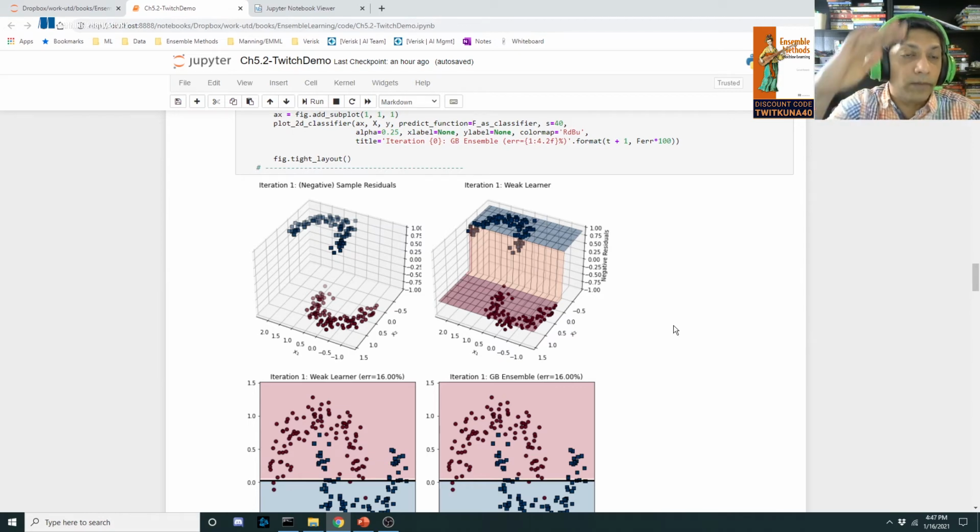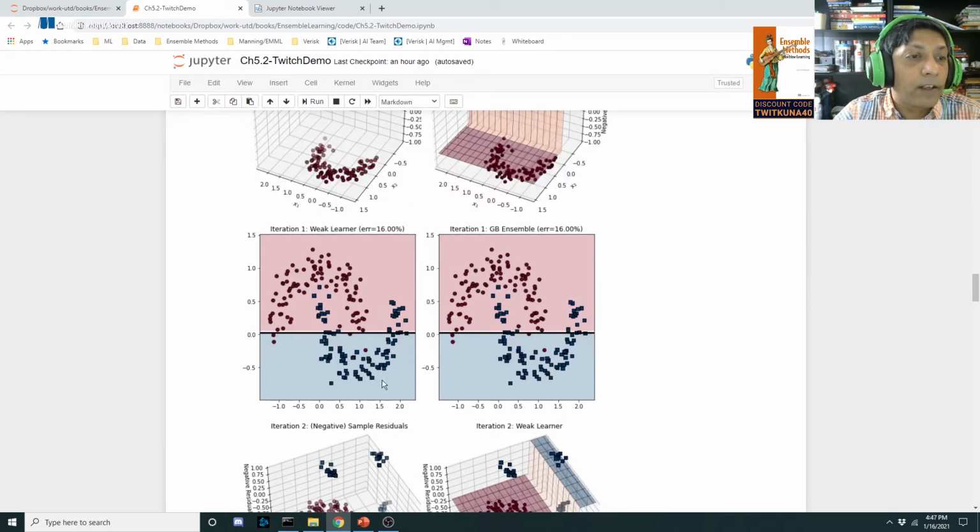And now if we flatten this, look at it from the top, the model that we've actually learned looks a bit like this. Now you can see what it is doing. It's doing pretty well. In our first iteration, just starting with predictions of everything being 0, we actually managed to train a model that has 16% error.